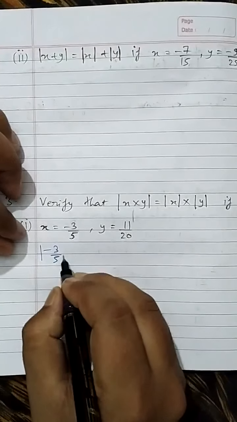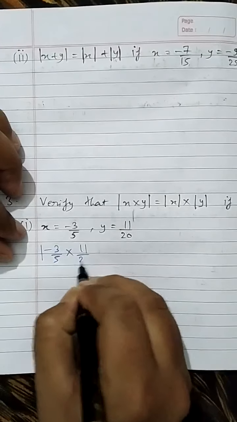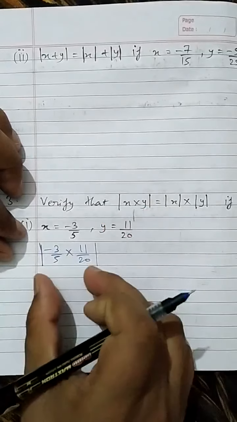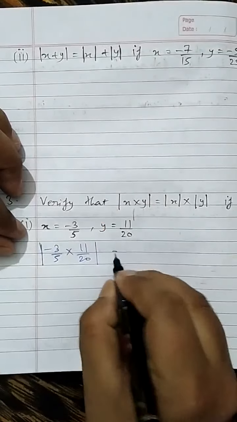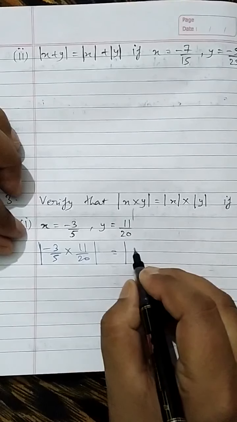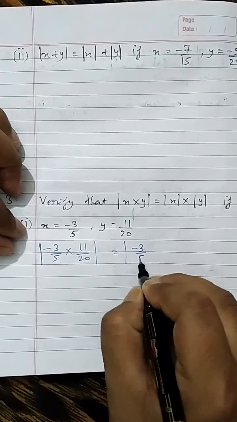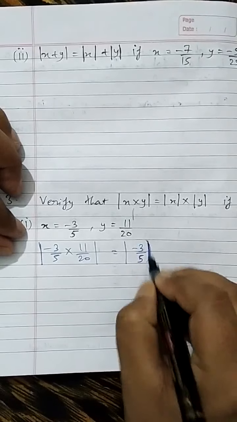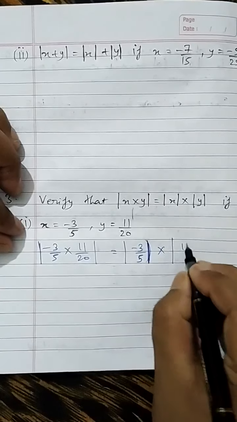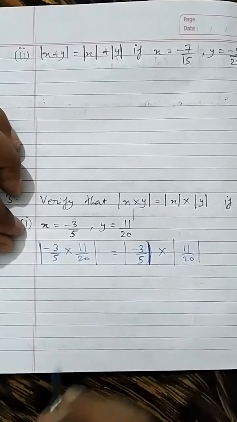Minus 3 upon 5 multiplied by 11 upon 20 inside the absolute sign. We have taken this. On the right hand side, the value of x will be in separate absolute sign, and the value of y will be in separate absolute sign.